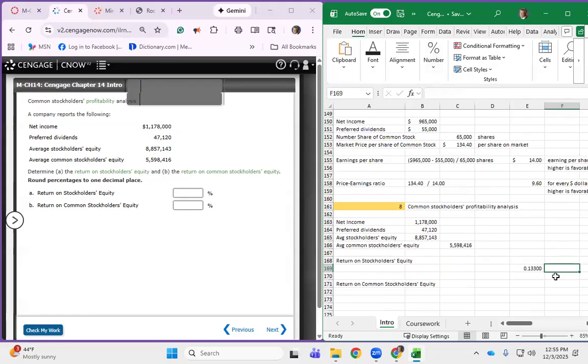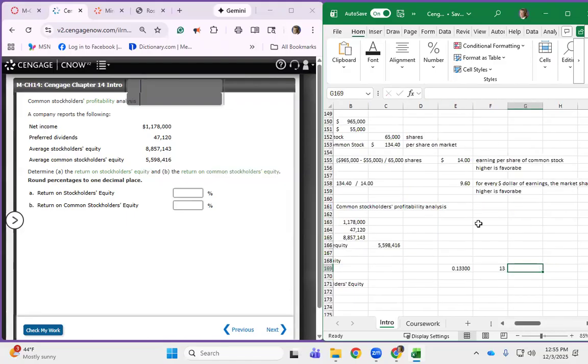So how do you go from a decimal to a percentage? You take this times 100 to get a percentage. It is 13%, and I'm going to put the percent sign right next to it. Now they want it to one decimal place, so I need to fix that up a little bit.